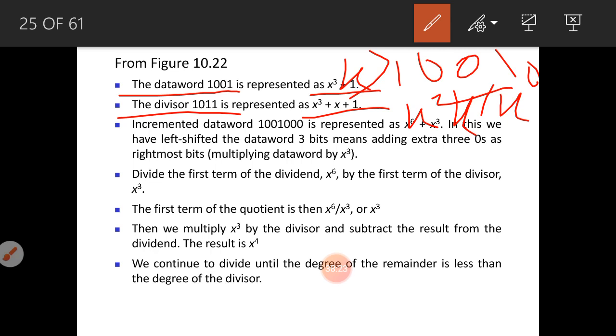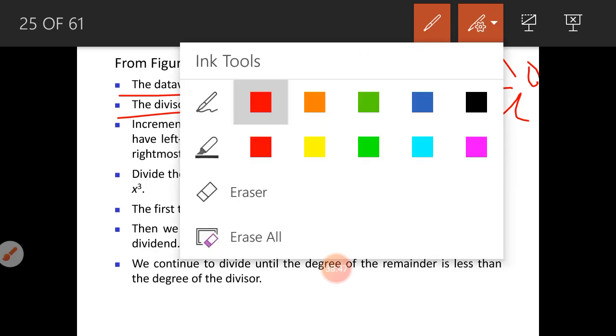I already told that all zero coefficient terms we need to remove. Here x raised to 2 is a zero coefficient term and x raised to 1 is a zero coefficient term. We need to remove them, and what we will get? x raised to 3 plus x raised to 0, and x raised to 0 is nothing but 1. So x raised to 3 plus 1.